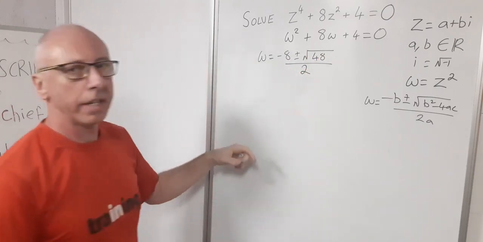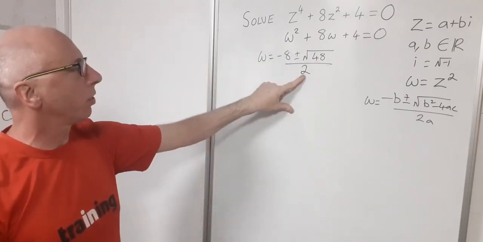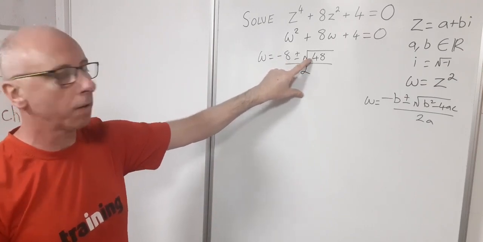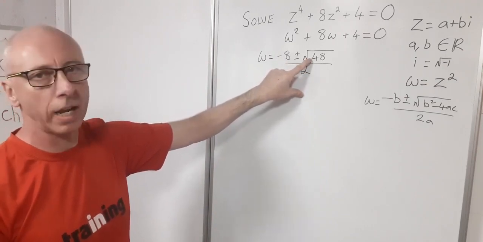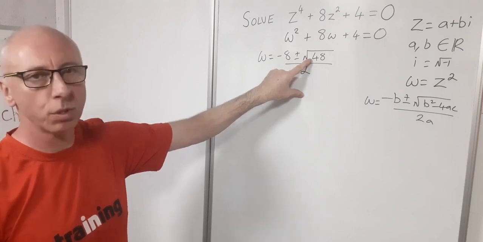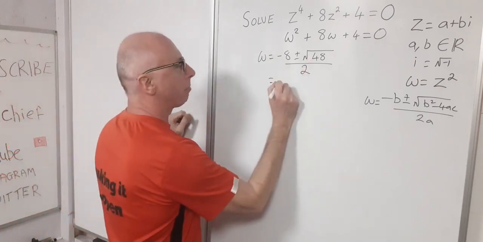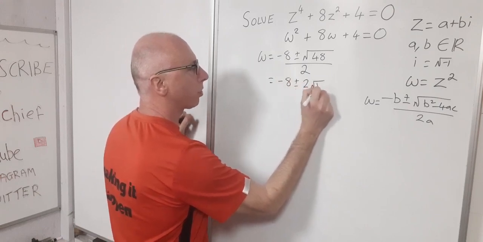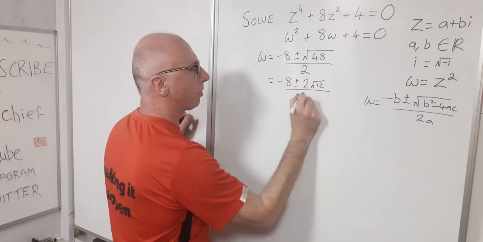Now can I get rid of this 2? Well, I can divide 8 by 2, of course, but the square root of 48, we're not ready yet, so we need to get a 2 out of that. If I take the square root of 4 out of that, that leaves me 2 root 12. So I've got minus 8 plus or minus 2 root 12 over 2.